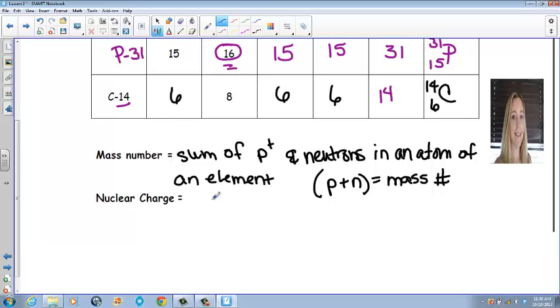The nuclear charge is a charge within the nucleus.